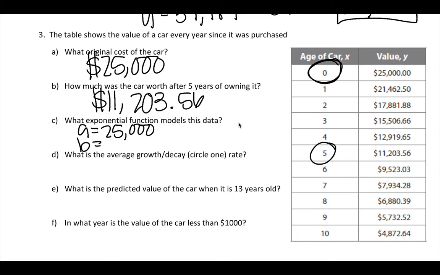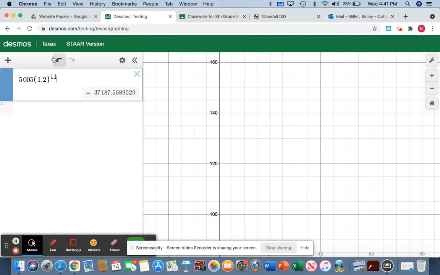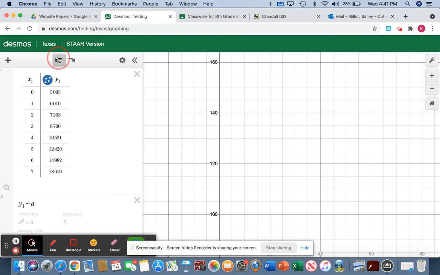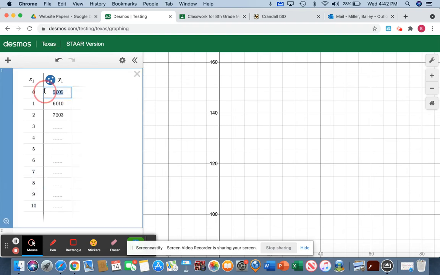And to find my B, I've got to plug all of this into Desmos. I think I've already done it. Let's see if I can find it. Nope. Okay. We'll just change these. Okay.